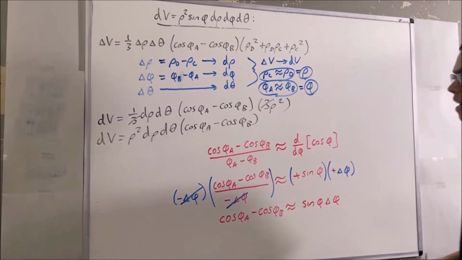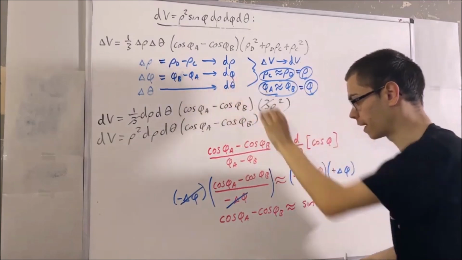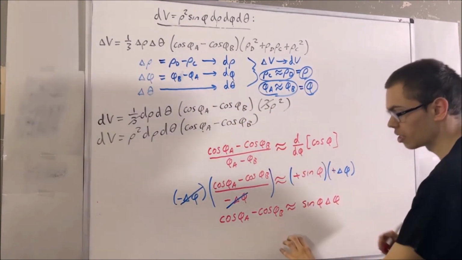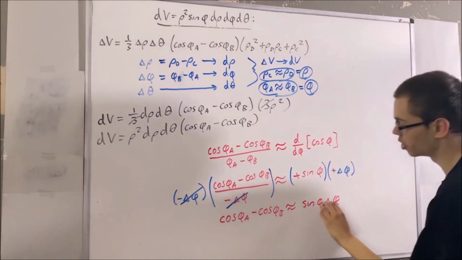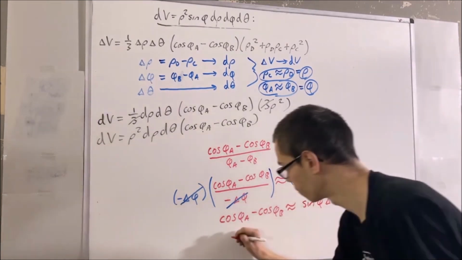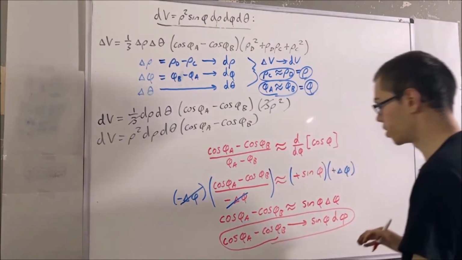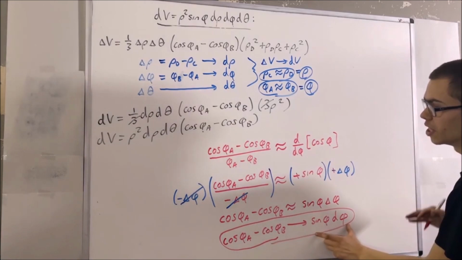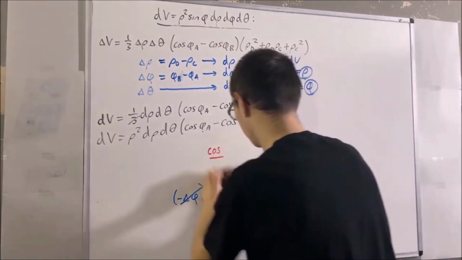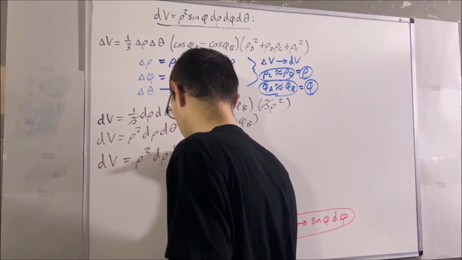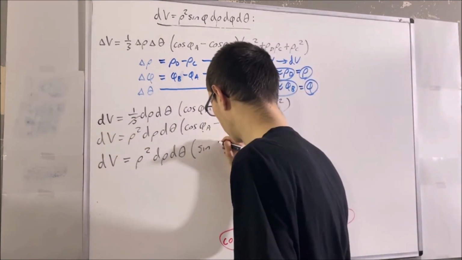Well, we said that phi b minus phi a goes to d phi. So in this case, cosine of phi a minus cosine of phi b goes to sine phi d phi. So this is what we are going to replace the parentheses with. So this becomes sine phi d phi.